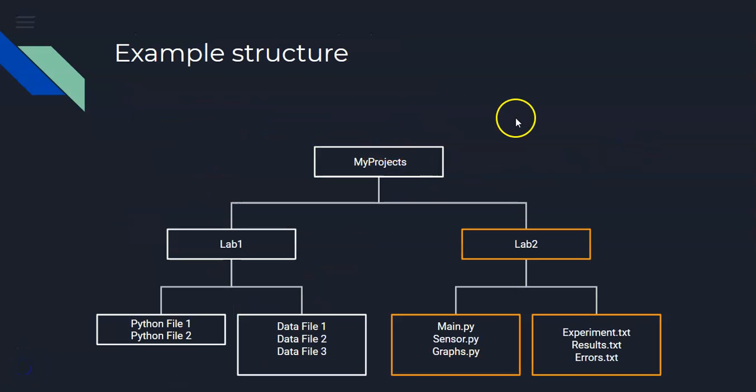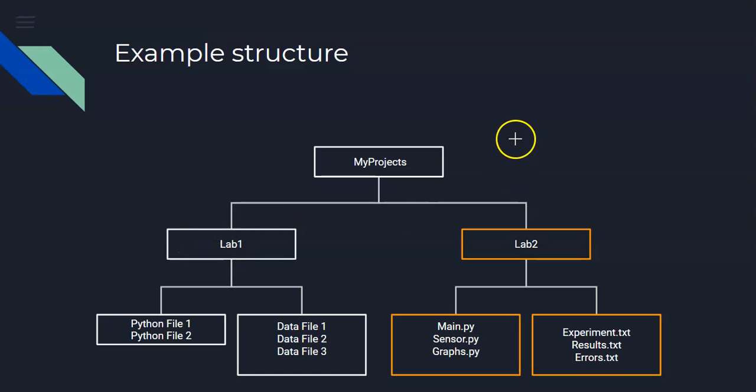This is just an example of the folder structure you can have. I'm going to have a main folder called My Projects, and under this two subfolders, Lab1 and Lab2.